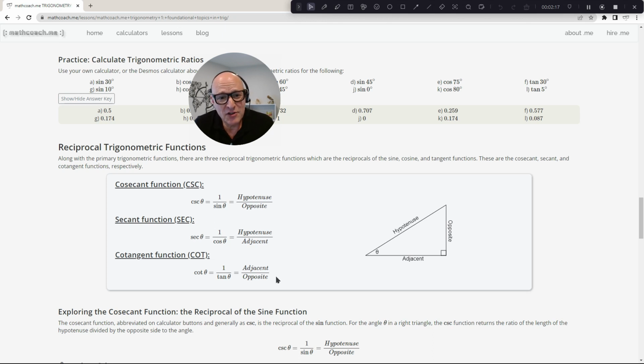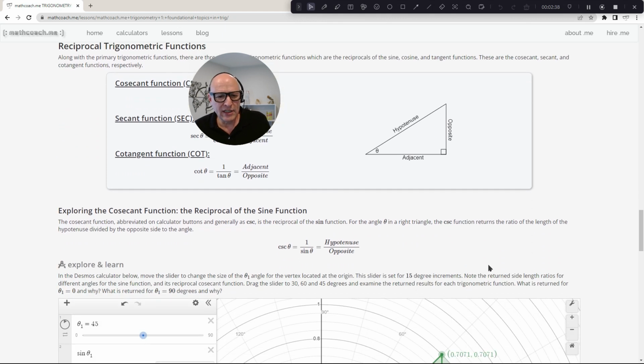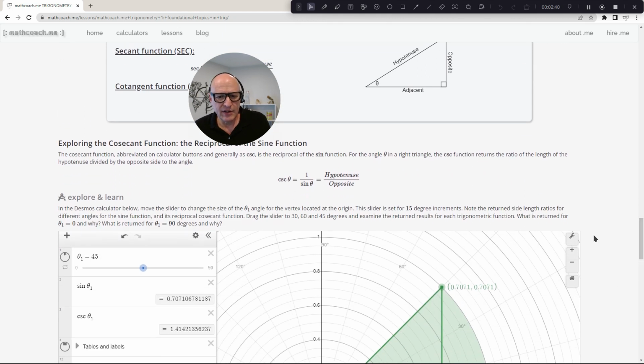So in a 3-sided triangle, you have 6 possibilities, and those are your 6 trig ratios. Getting a good grasp of the primary trig ratios and their reciprocals really is a great foundation for exploring trig. So let's take a look in a little more detail using a Desmos calculator.